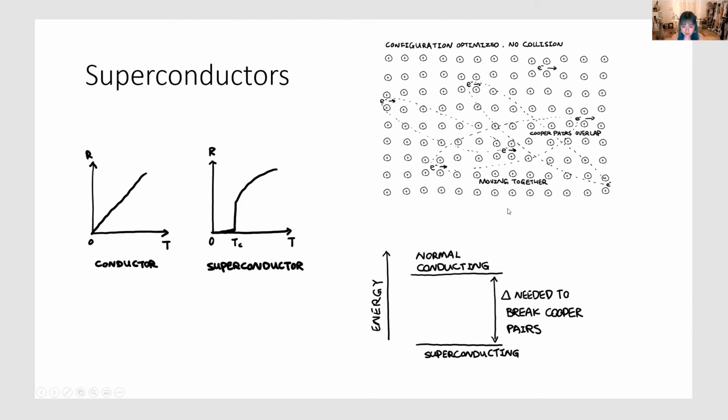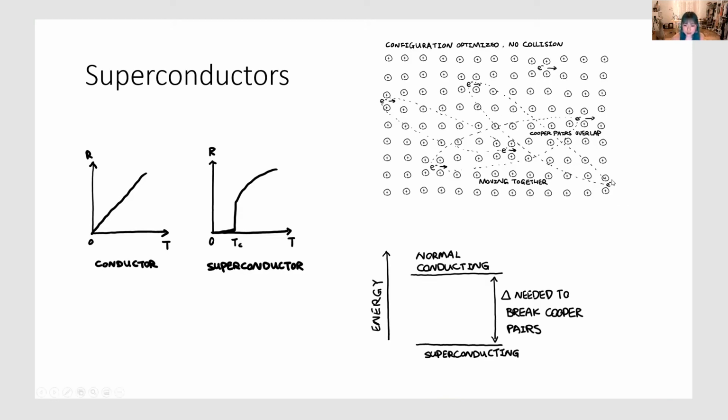Usual superconductors have these Cooper pairs, where electrons pair up and move like a network without ever bouncing into the lattice. That's how superconductors are, with very minimal scattering. When they are put below the critical temperature Tc, in the superconducting state, they can form these Cooper pairs and move without much scattering.